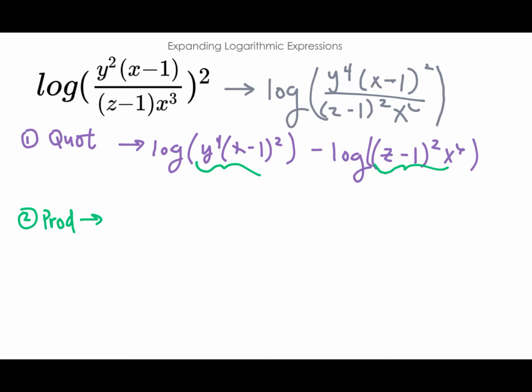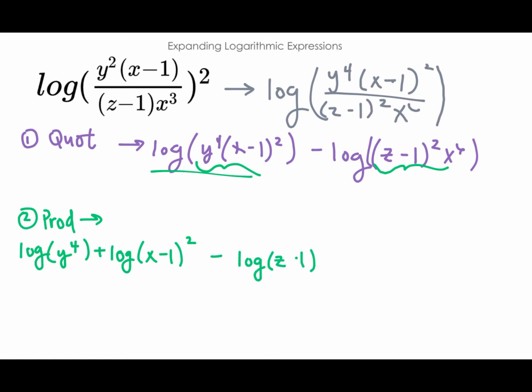Both of those expressions need to be split to addition. So we're going to have log of y to the 4th plus log of x minus 1 squared. That's this one being separated. And then minus log of z minus 1 squared plus log of x to the 6th.